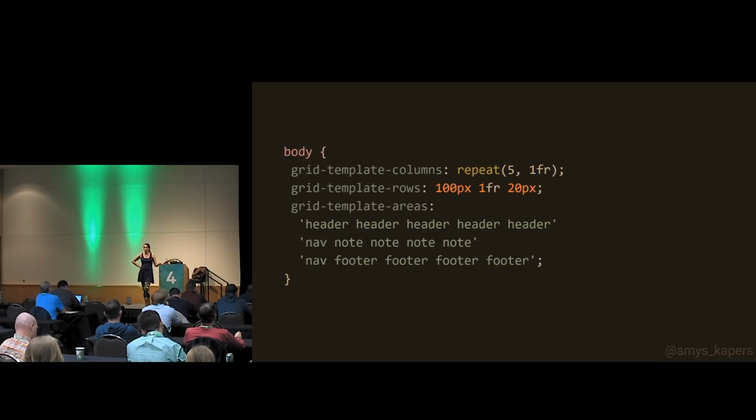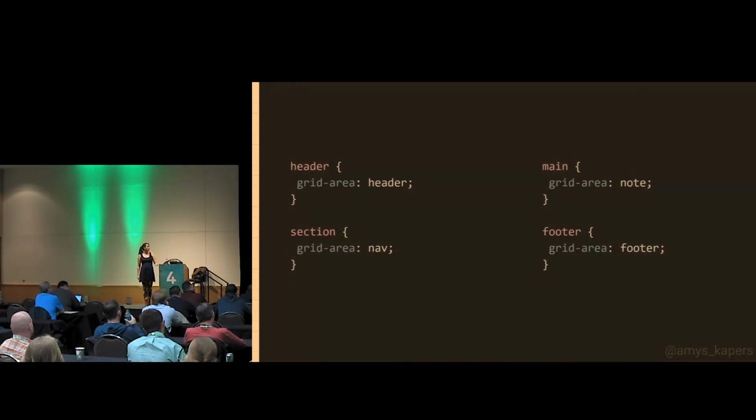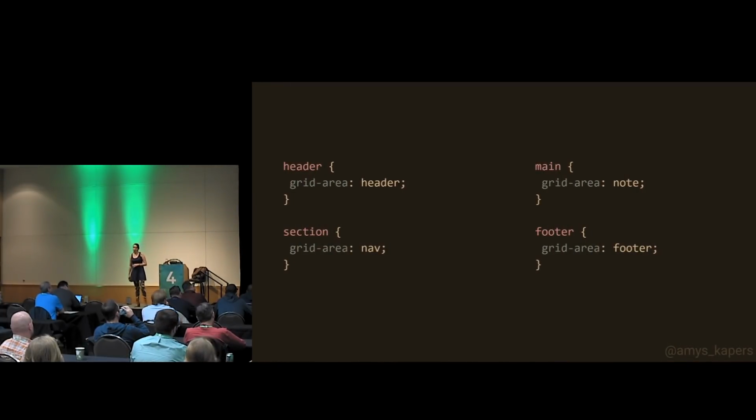This is really useful because it's an easy way of defining when different areas are spanning multiple grid sections. And it's then also really easy to assign those to the elements. This means that those elements will take up as much room as you've defined in your grid areas.